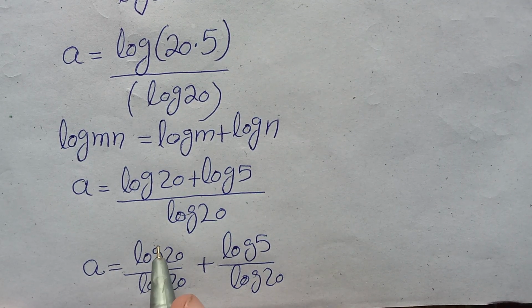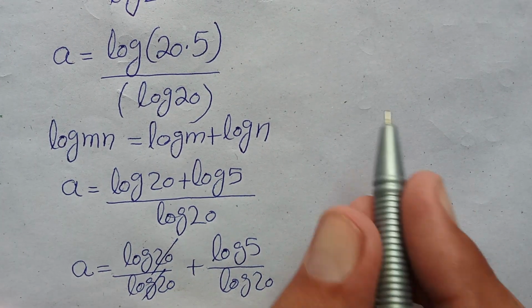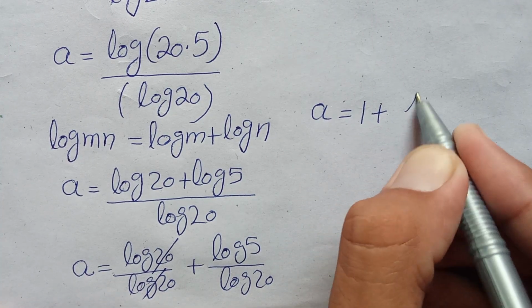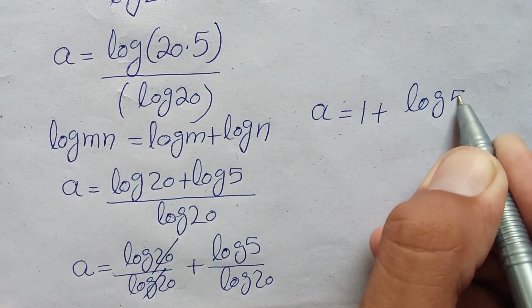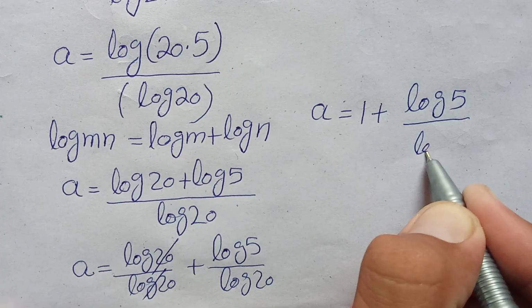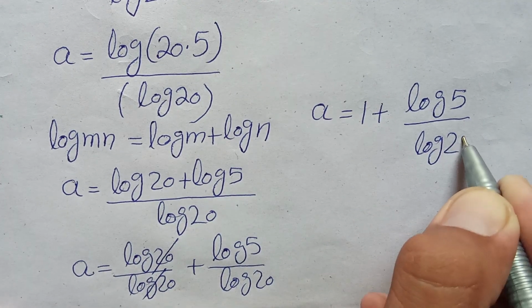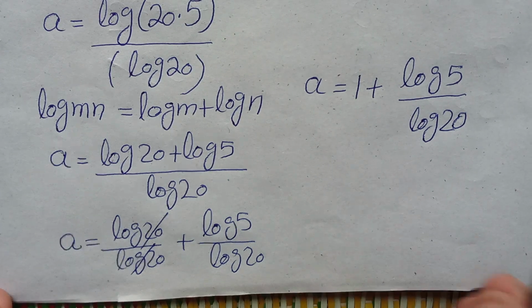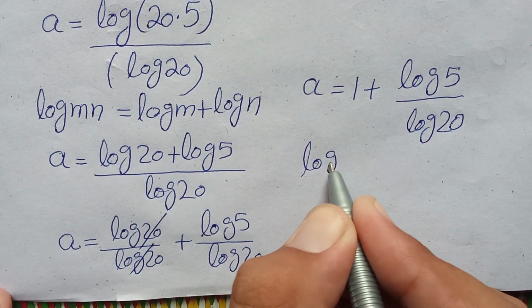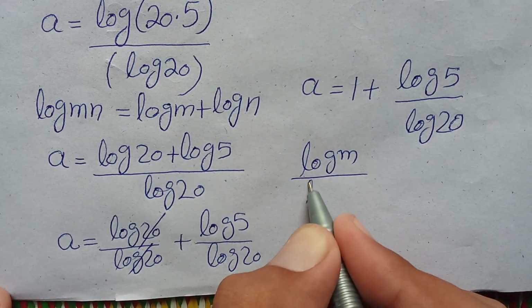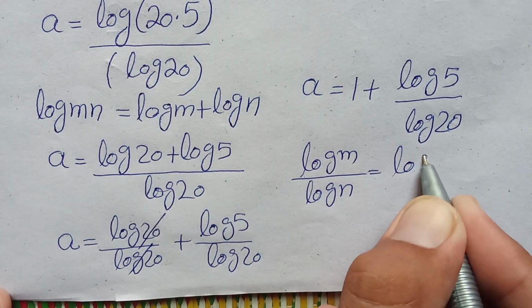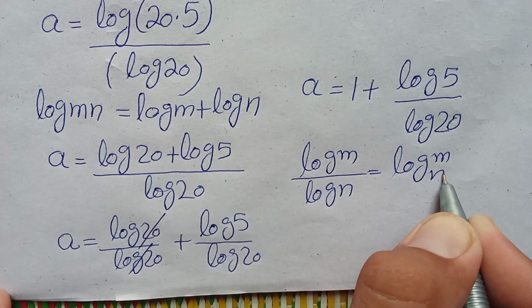Here log 20 cancels with log 20, and a is equal to 1 plus log 5 divided by log 20. Now we can also write this in the general form of logarithm: log m divided by log n is equal to log m base n.